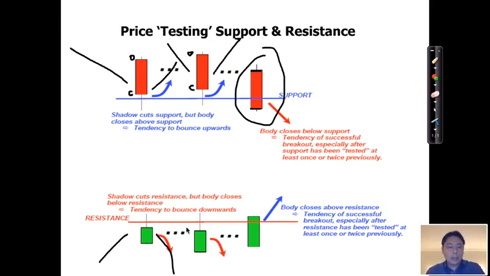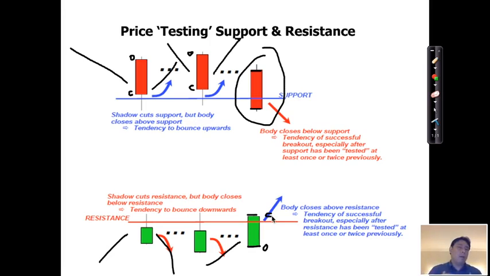Same thing here, you can see a test of the resistance. The body of the candle remains below the resistance. Only the upper shadow was able to break through, but it couldn't sustain. Sellers push it down again. In this case, the price opened here, bullish candle, and closed here. So the price closed above the resistance.